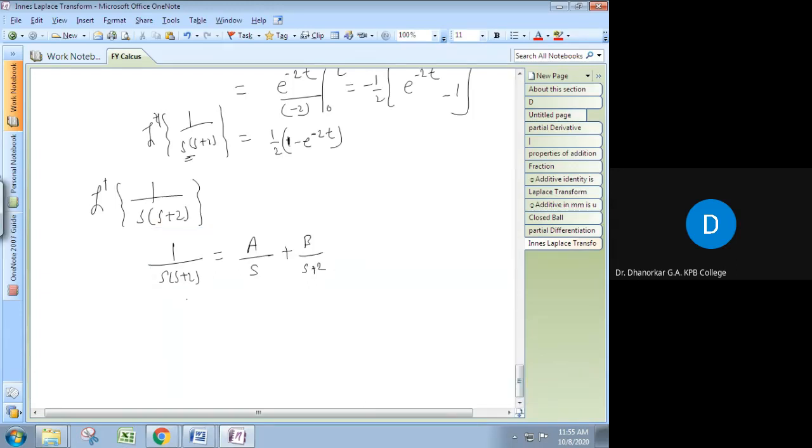Now this becomes very easy to find the inverse Laplace transform. You know that if these factors are there, then we can write it in this way.